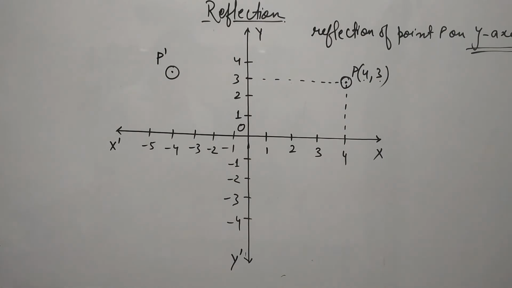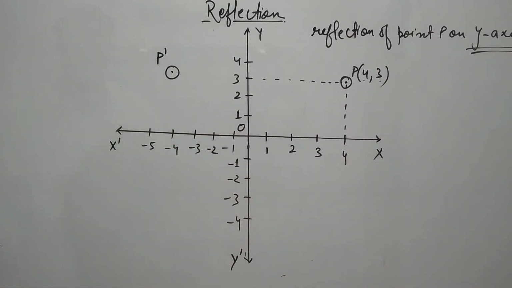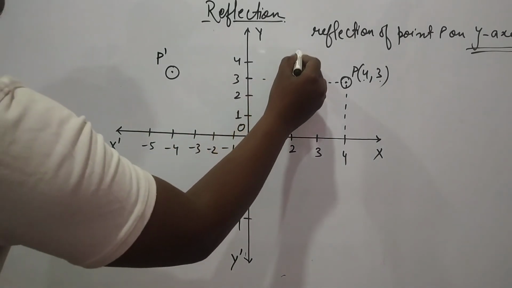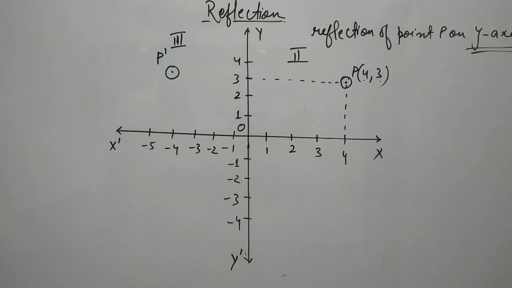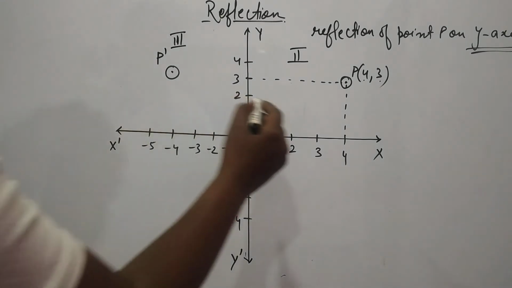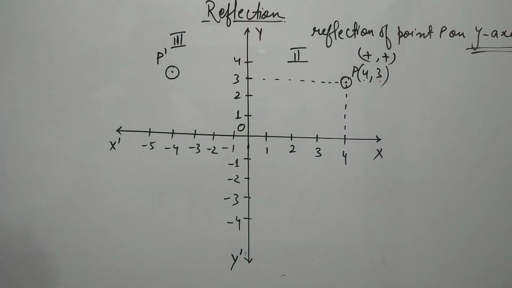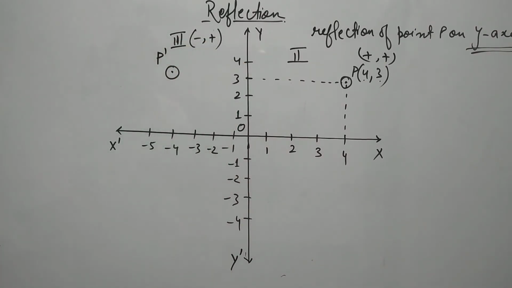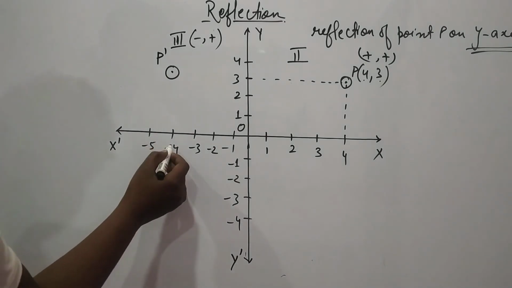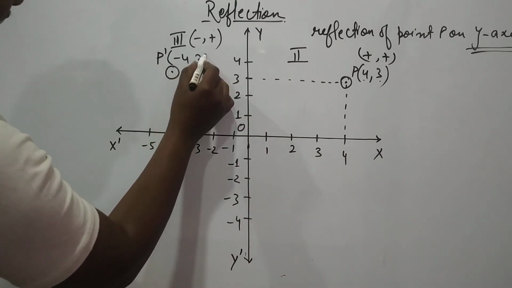Now, as you can see, this was the first quadrant, second quadrant, third quadrant and the fourth quadrant. Here P was in the first quadrant. Now the reflected point is in the second quadrant. So here also you can see the x coordinate is minus 4 and the y coordinate is 3.